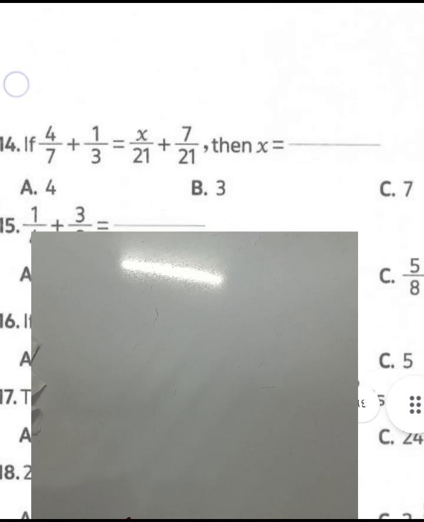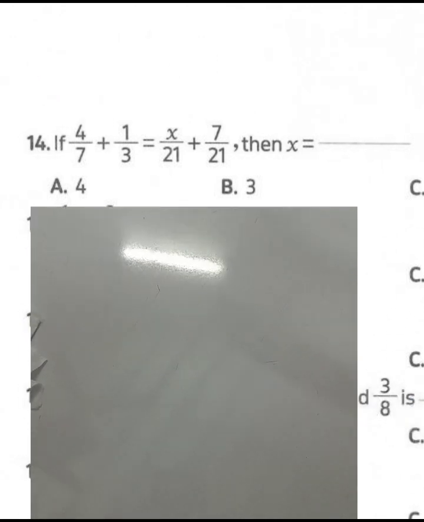Question 14. Complete with me question number 14. If 4 over 7 plus 1 over 3 equals x over 21 plus 7 over 21, we want to find the value of x.